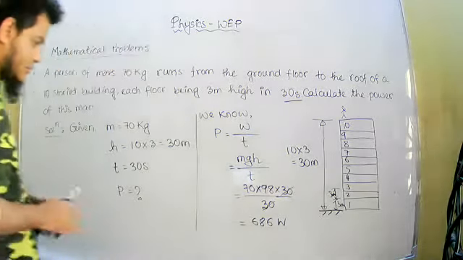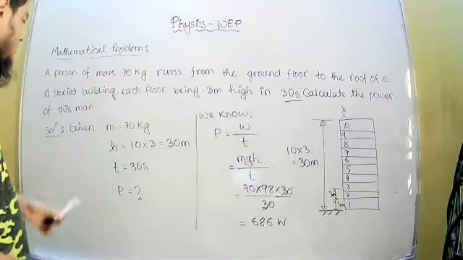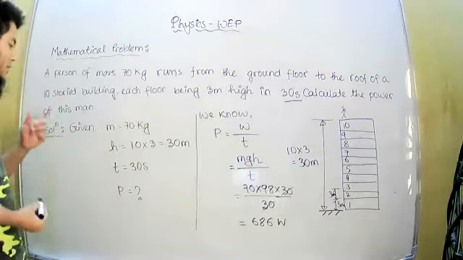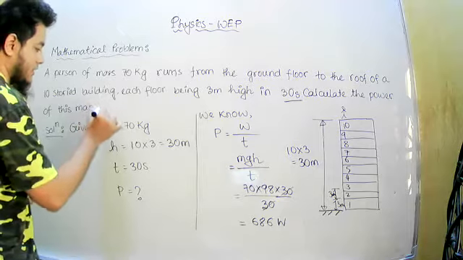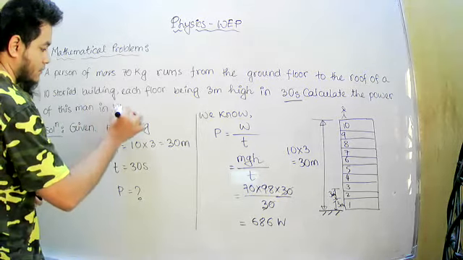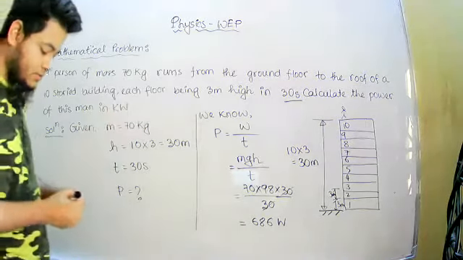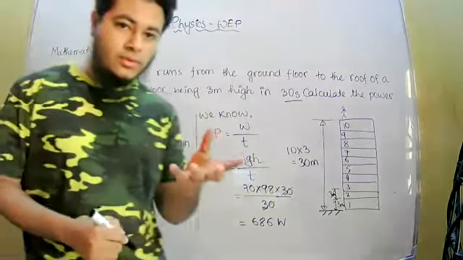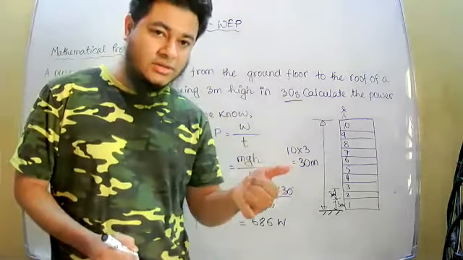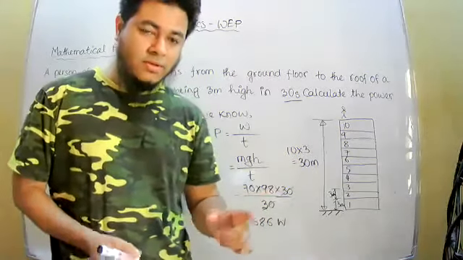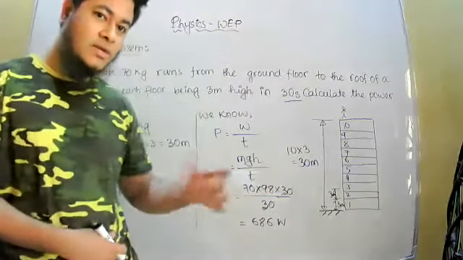Sometimes they might ask you to calculate the power of this man in kilowatt. Now what is kilowatt? We already know that there is meter, kilometer, gram, kilogram. So something like that, watt, kilowatt.